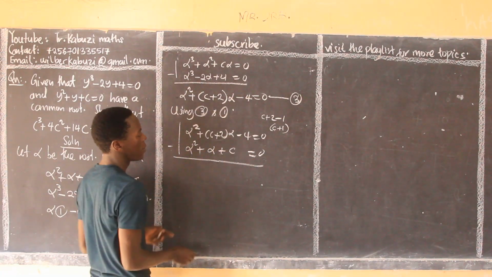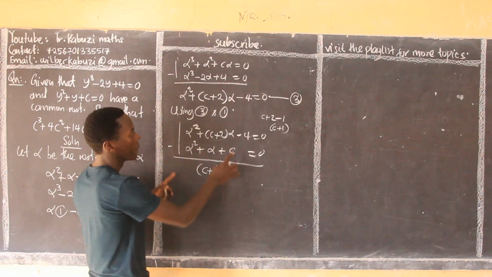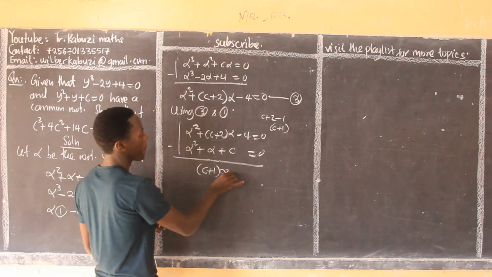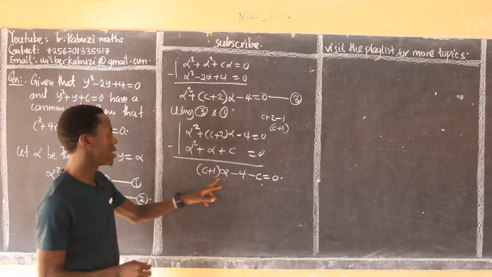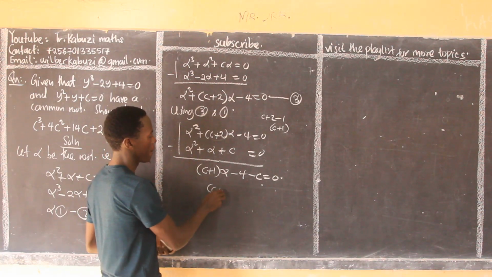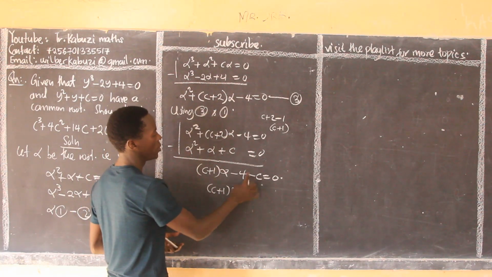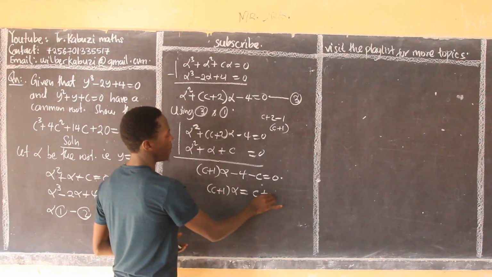But remember alpha is common. So I have now into alpha the negative 4 minus c equals 0. Now our task here is to make alpha the subject. So now I have, you take this side, alpha times c plus 1 equals c plus 4.